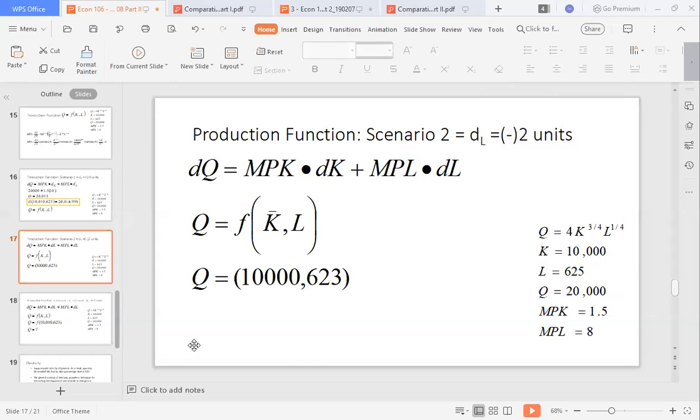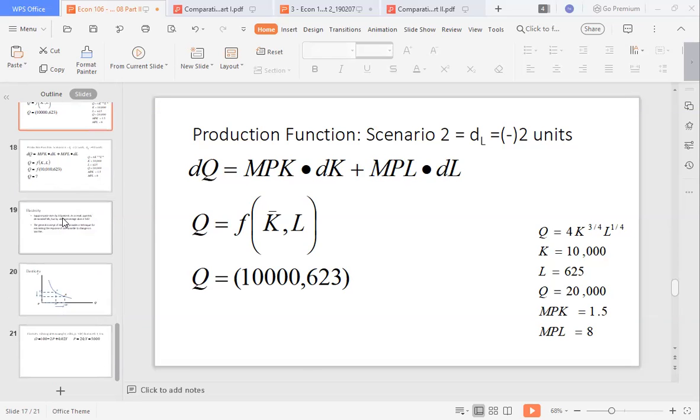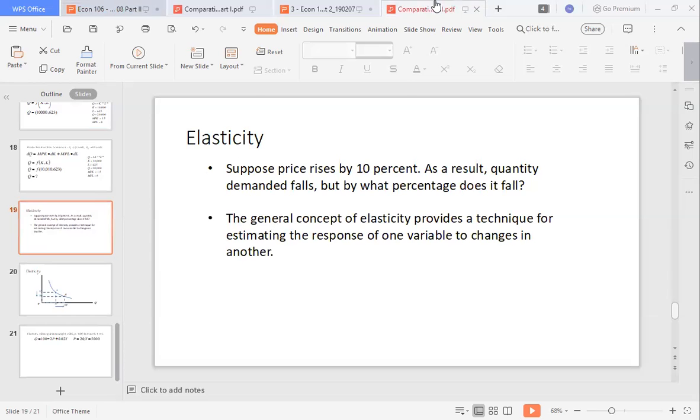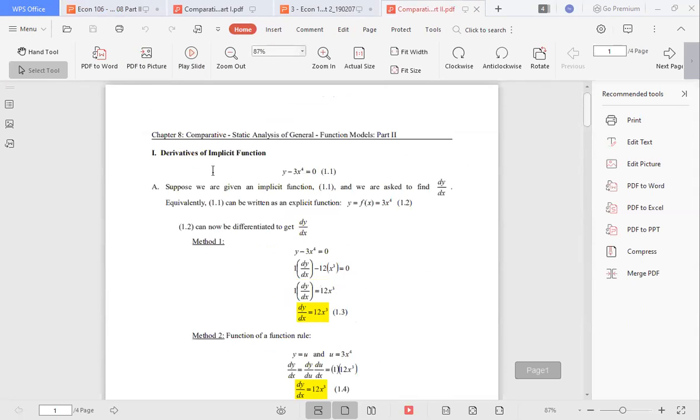Okay, awesome. All right. If there's no other question, I'll see you all next week, Tuesday, to continue the discussion. Our discussion next week would be elasticity, and then we'll go to implicit function for chapter 8.